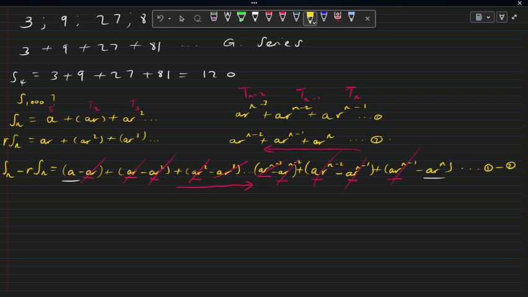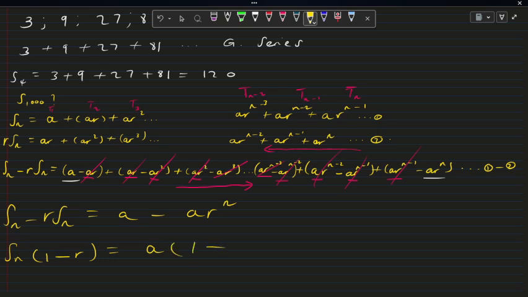This will simplify to, it will just simplify to Sn minus rSn is equal to a minus a r to the power of n. Okay, and then we are looking for the value of Sn, so we see that Sn is a common factor, so it'll be 1 minus r, and then we can take out a common factor as well.